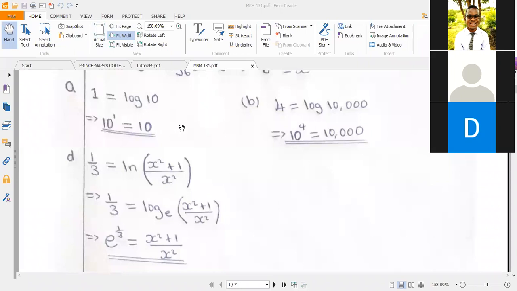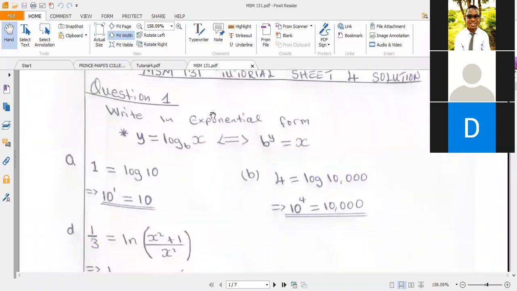Okay, so what I was saying is, if you have this, 1 is equal to log 10. I initially gave you that y is equal to log b to the x.